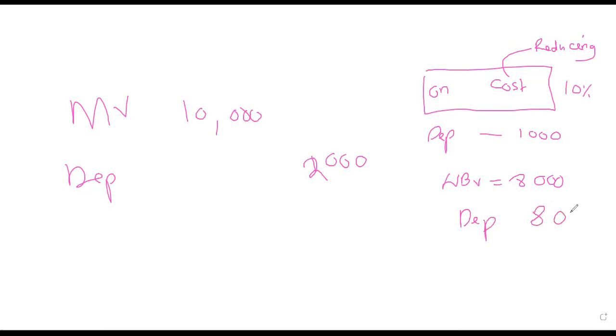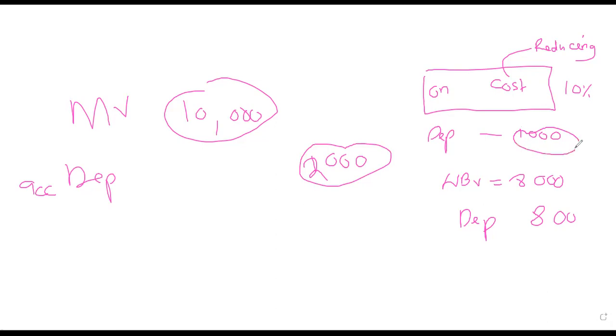This is the only thing that you need to understand. But when we go to the balance sheet, the depreciation figure appearing is the accumulated depreciation plus what you calculated, both of them. If you're using the reducing balance method, you add 2,000 plus 1,000, it will be 3,000. So the net book value in the balance sheet will be 7,000.